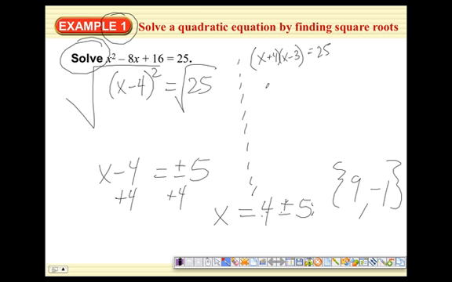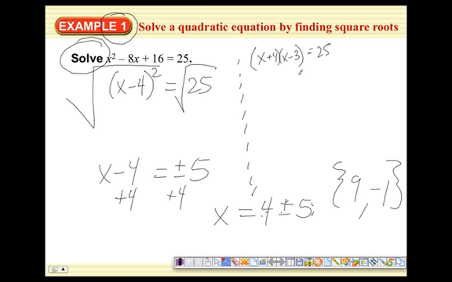I'll FOIL it. That equals 25, that equals 25. No? That's a common mistake. The only time you can do that is if it was equal to 0. You can never say this equals 25. You would think logically it might work out, but it actually doesn't.